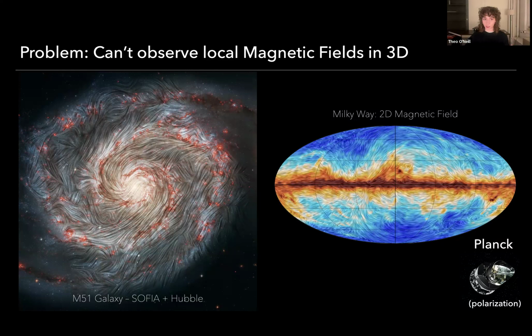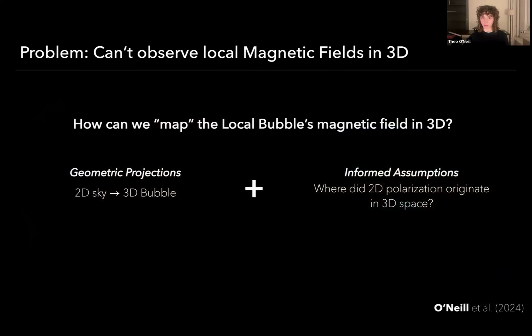So we're faced with a situation where we have magnetic fields in galaxies, we have spiral arms, we have bubbles, and we're trying to sort out how exactly these structures are interacting with each other. And so because we're inside of the local bubble, we occupy this position where every direction we look, we not only see the rest of our galaxy, we also see the same local bubble along all lines of sight.